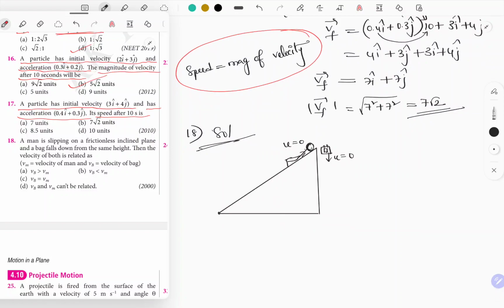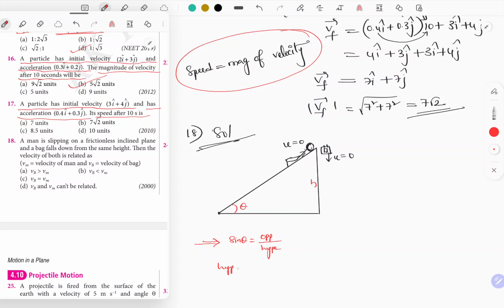Super. Let me assume this height is h. Let us say this angle is theta. I don't need to find the base, I need the length. So how to find the length of the inclined plane? You can use sine theta. Sine theta is equal to opposite by hypotenuse. Hypotenuse is nothing but the length of the inclined plane.